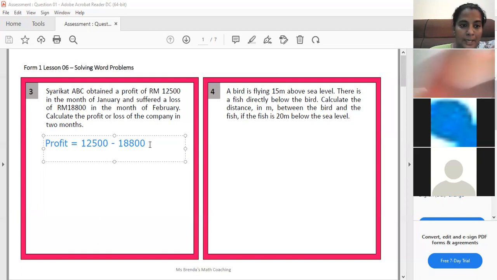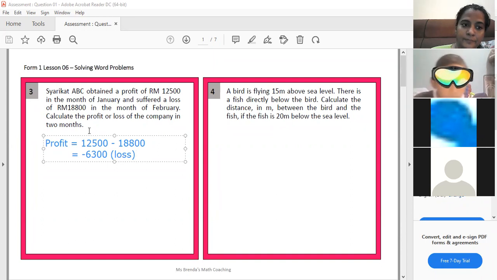So you would get in your calculator, it would be written there negative 6,300. Can someone tell me now, when the number is a negative there, is it a profit or a loss? Loss. This is a loss. So what you do is in the bracket, you write the loss. So a very simple question, not that difficult.